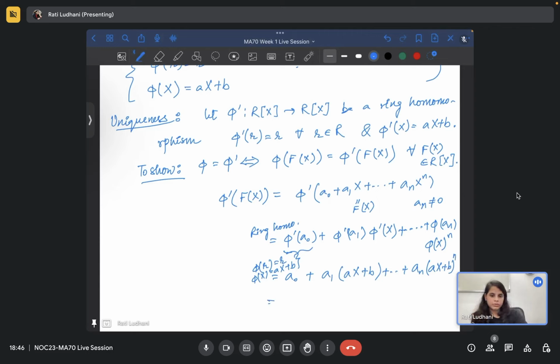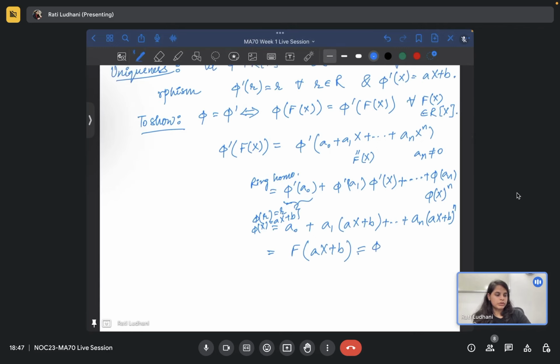So exactly what we constructed, and this gives us f of (ax plus b), which is equal to phi of f(x). And so we are done.